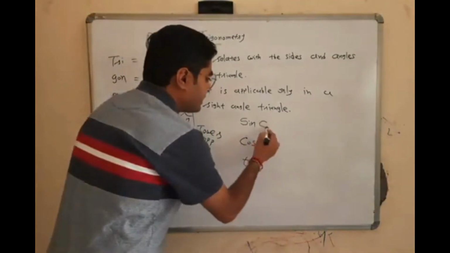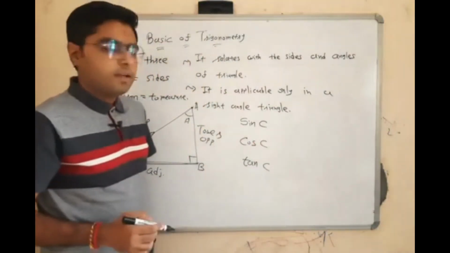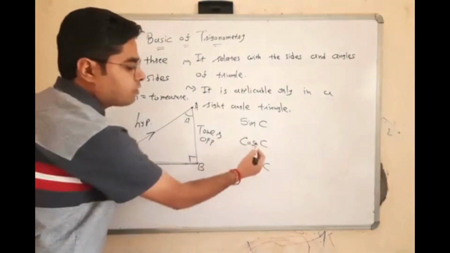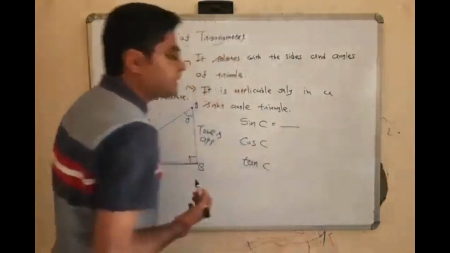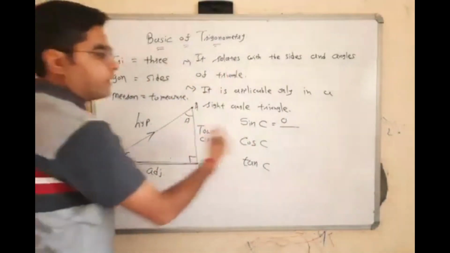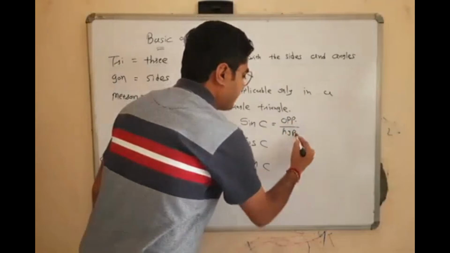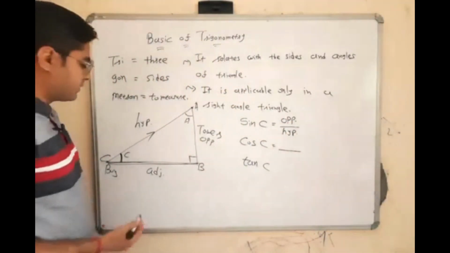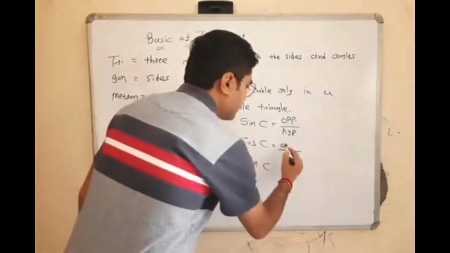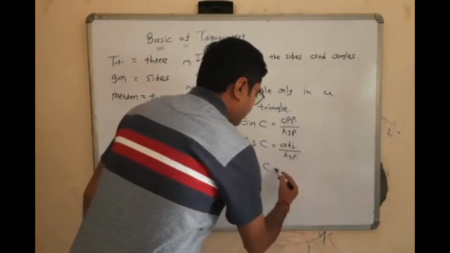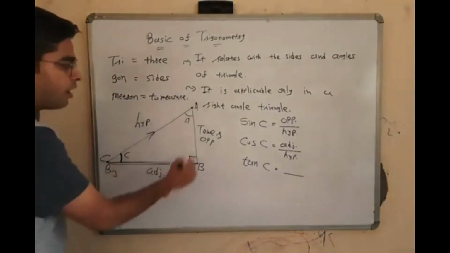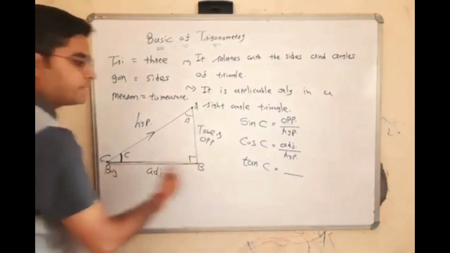Let us design the formulas of the trigonometric ratios for angle C: sin C, cos C and tan C. The formula of sine at angle C is equal to opposite side upon hypotenuse. Formula of cos at angle C is equal to adjacent side upon hypotenuse. Formula for tan at angle C is equal to opposite upon adjacent.